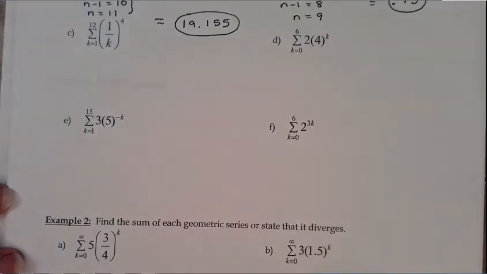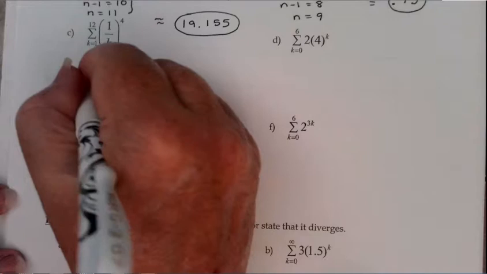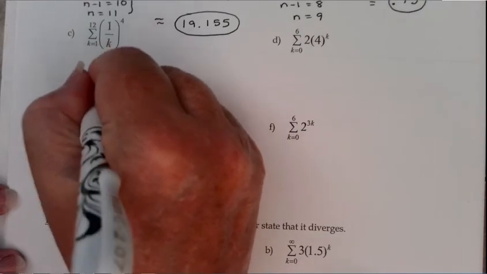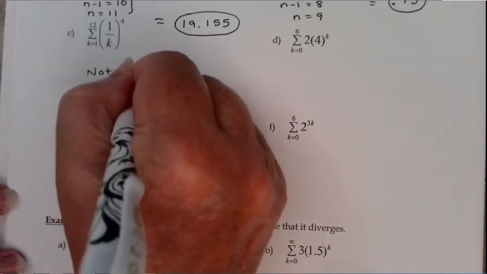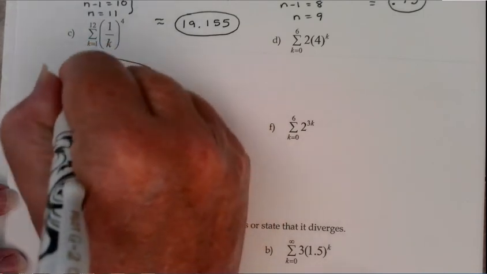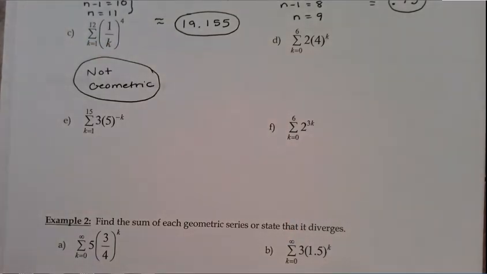Here the exponent is a constant. K is part of the fraction. So this one I'm just going to say not geometric. Therefore, we could not use our sum formula for geometric series to sum this one up.